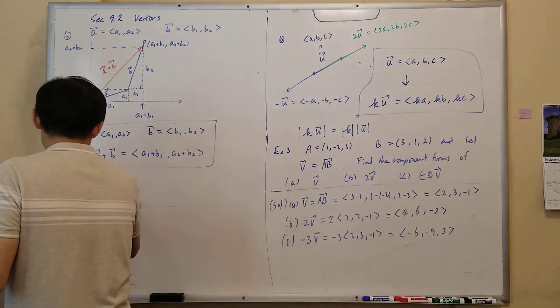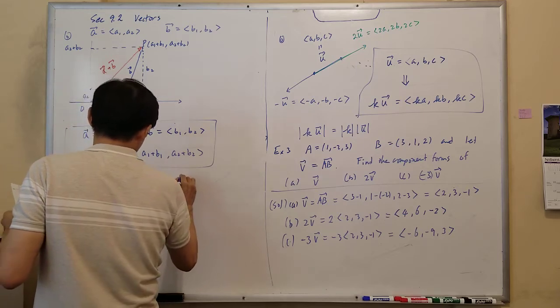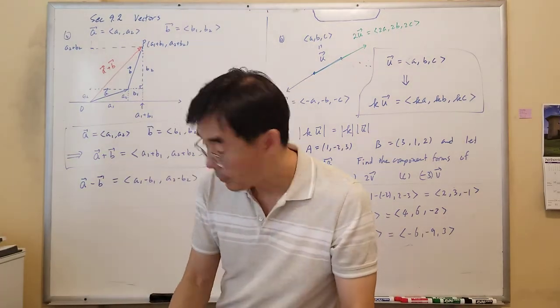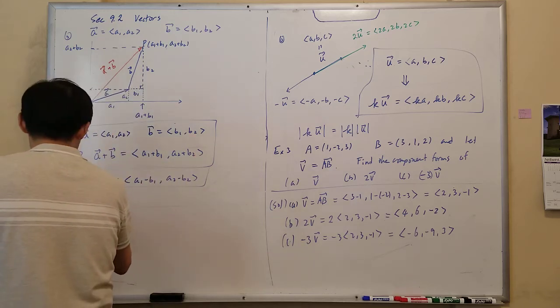Likewise, A minus B vector will be A1 minus B1, A2 minus B2. Very easy. So the two-dimensional case and the three-dimensional case are the same.